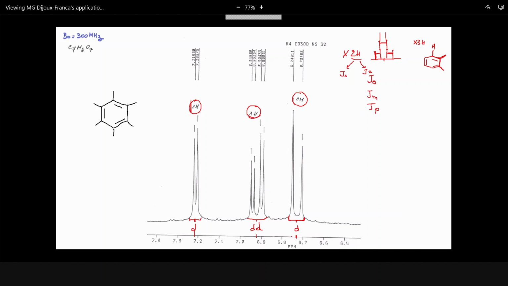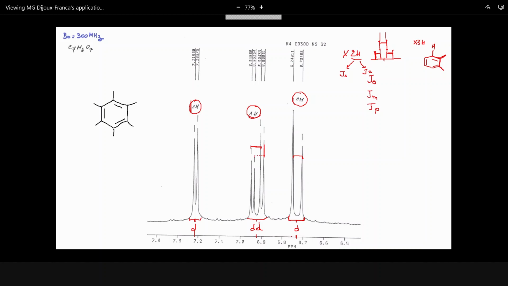Okay. And the other thing we have to see is, when we calculate the coupling constant, this constant is found here also. I have the same here or here.